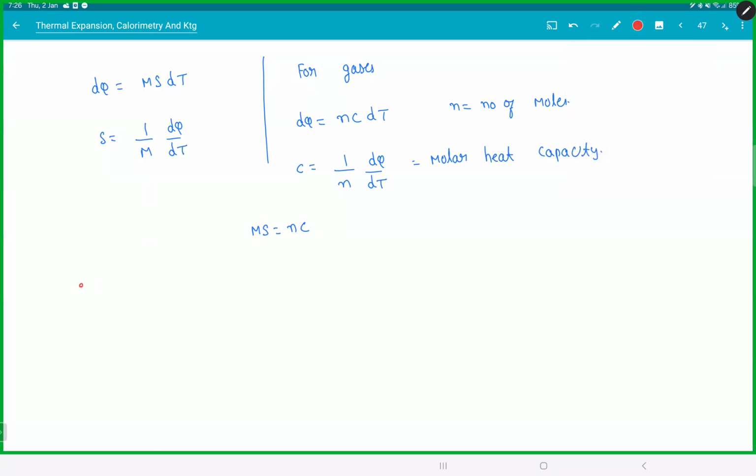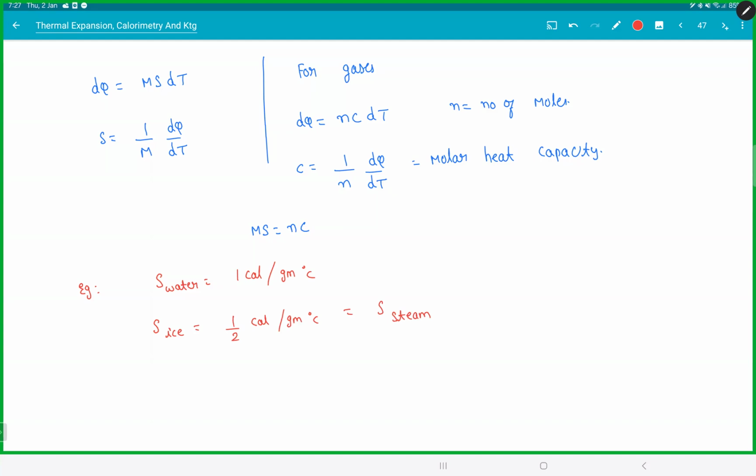Now you need to remember certain values. For example, if you take S of water, that's how we define calorie. It is 1 calorie per gram per Celsius. Means to change the temperature of water by 1 degree, you need to give 1 calorie for 1 gram. Same thing, if you take S of ice, it is half calorie. Means to change the temperature of ice by 1 degree, you need to give only half calorie. Same thing with the steam also. So steam and ice, the specific heat becomes half.